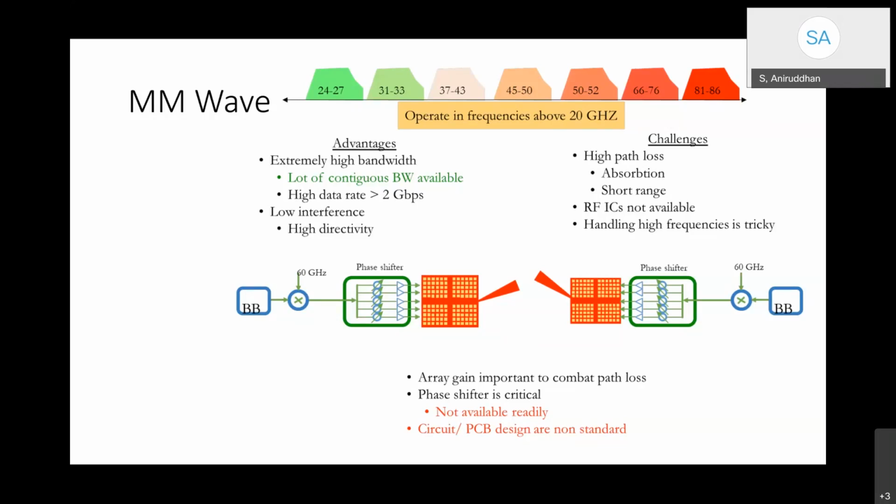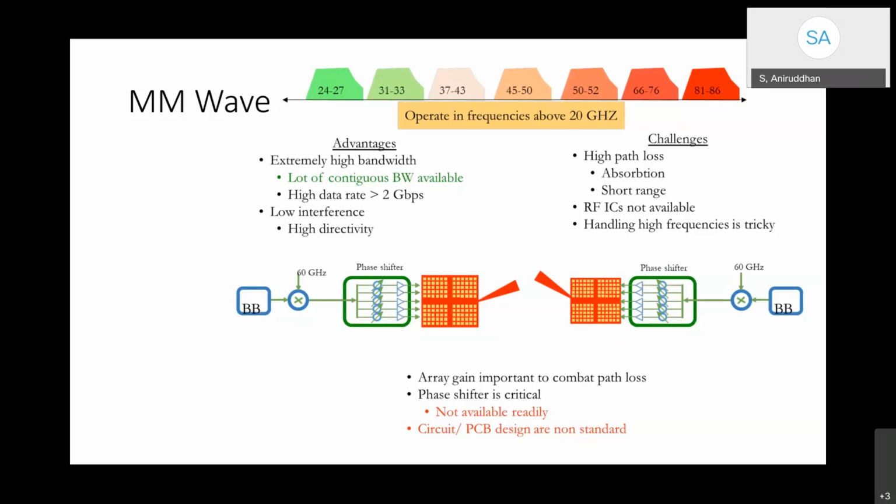The biggest advantage is the availability of huge amounts of bandwidth. Unlike in the sub 6 gigahertz range, where spectrum is very, very hard to come by, in the 28 gigahertz bands, 40 gigahertz bands, 60 gigahertz bands, there is a lot of contiguous bandwidth available.